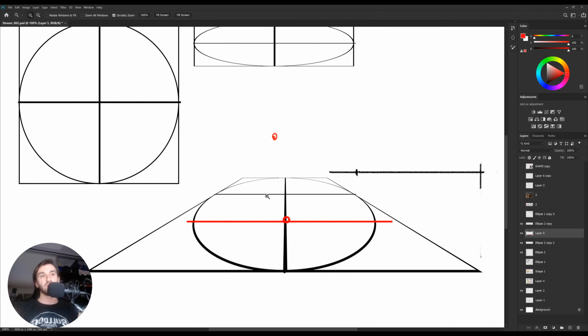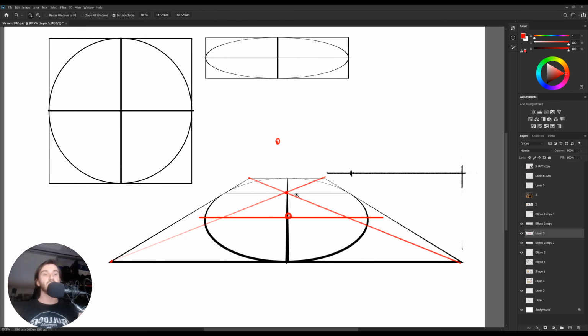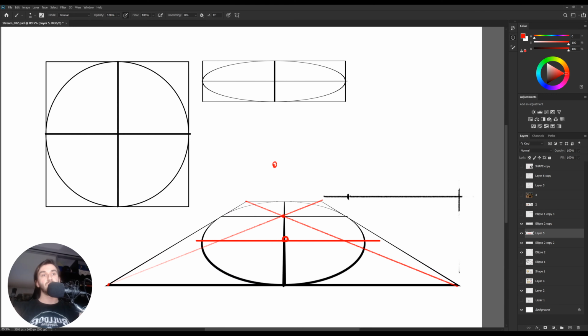The middle of this circle is in here. It's in the same place as the middle of the square. So if you would like to draw something that is going from the middle of an ellipse, you will need to start from this point here, like some sort of a thing coming out of it, instead of from here.